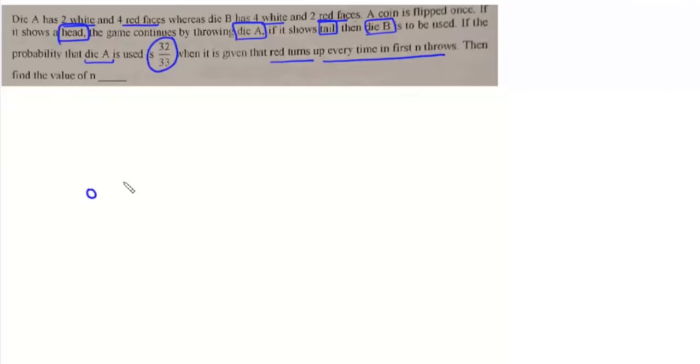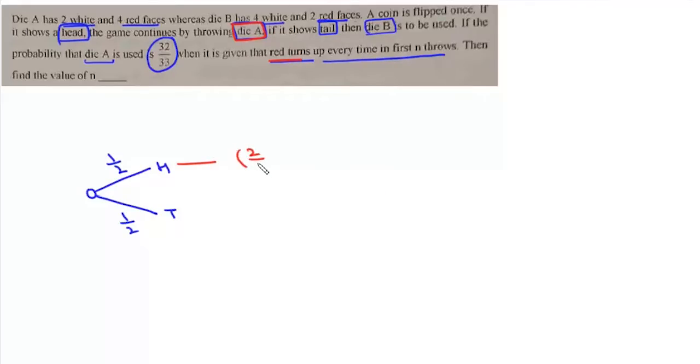Now first we toss a coin. Either we'll get a head or a tail. The probability of getting heads is 1 by 2 and probability of getting tail is 1 by 2. Now if it is a head, then we throw this die A. Now we throw die A, then red turns up every time in first n throws. So probability of getting red is 4 by 6, which is 2 by 3.